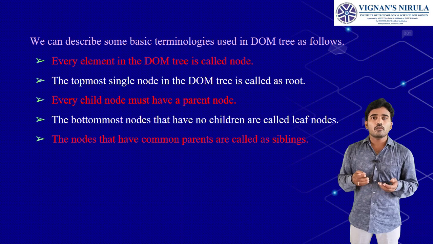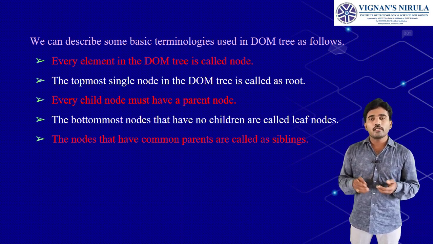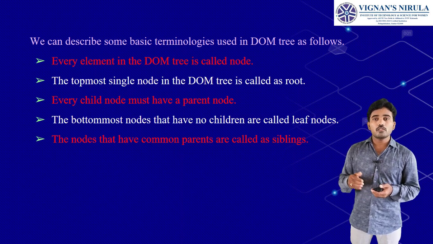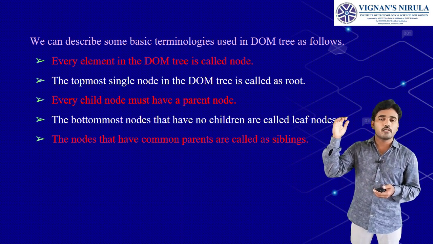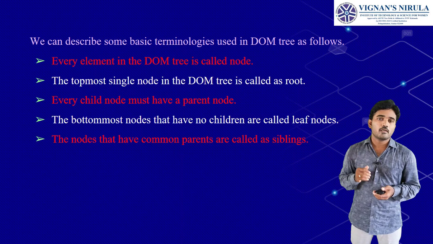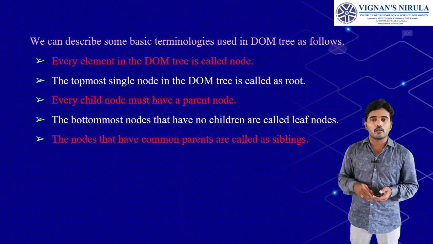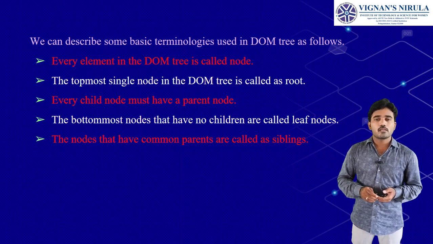Every element in a document object model tree is called a node. The topmost single node in the document object model tree is called the root node, that is the HTML document in our previously used HTML example.